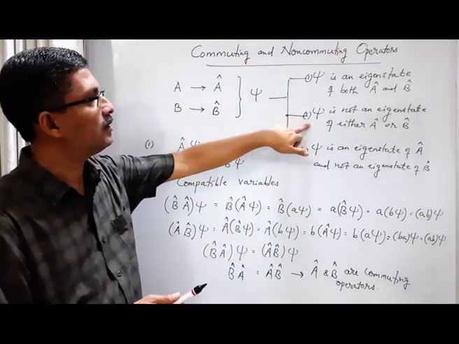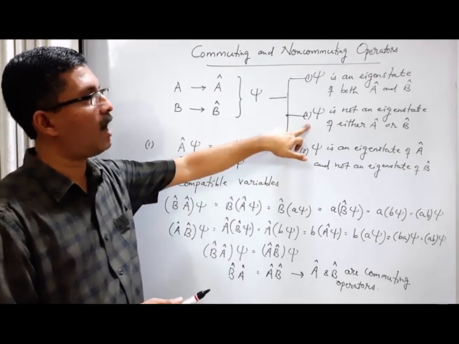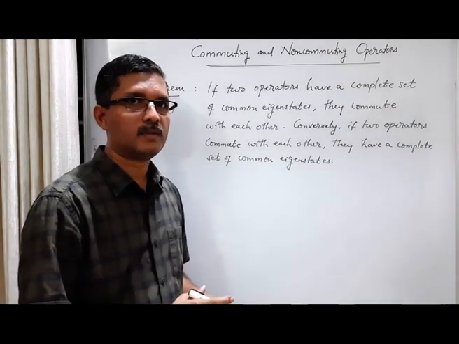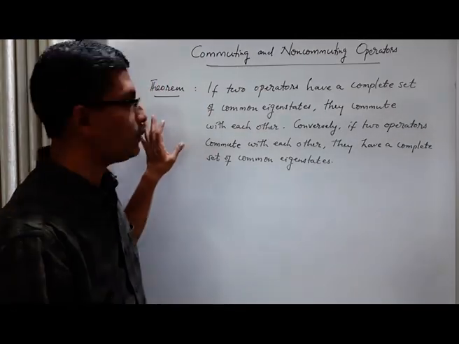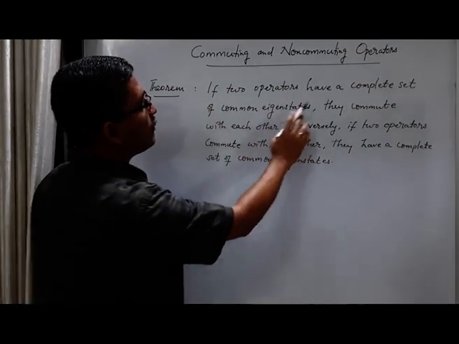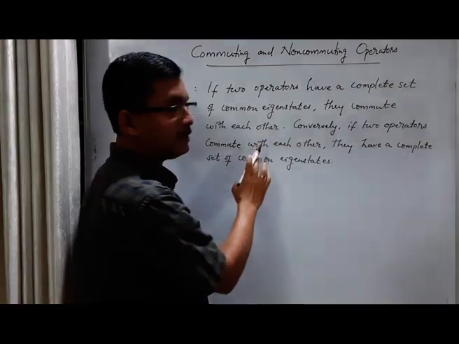Now let us go to the next possibility: psi is not an eigenstate of either A or B. Before going to the second possibility, let us pause here and consider this theorem. If two operators have a complete set of common eigenstates, they commute with each other.